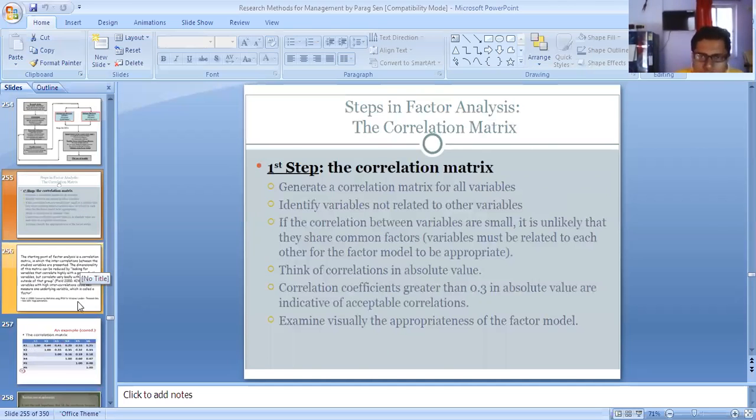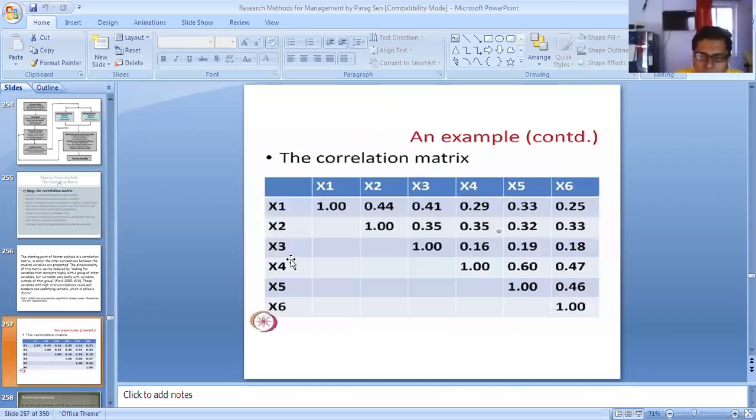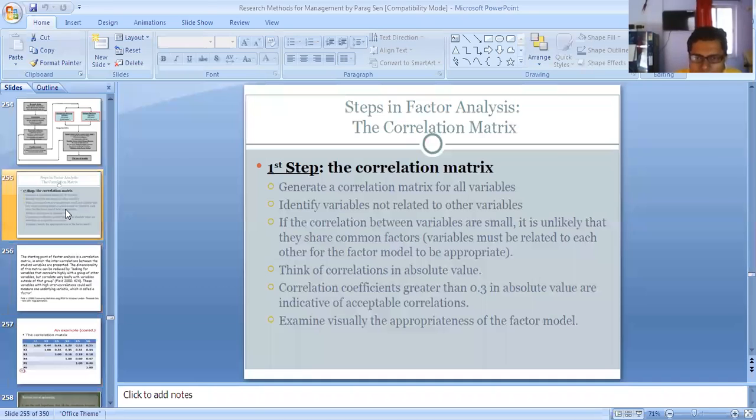Have a look at this correlation matrix from the earlier example that we have taken: x1, x2, x3, x4, x5. You can see that in this correlation matrix, a lot of values are greater than 0.3: 0.33, 0.32, 0.35, 0.33, 0.67, 0.47, 0.46. Values above 0.3 indicate a very high correlation.